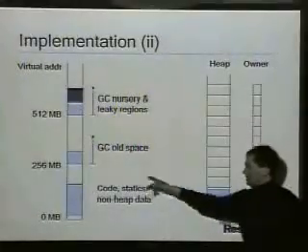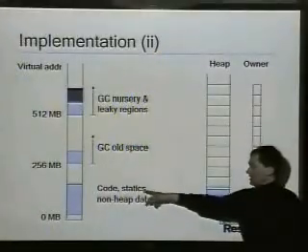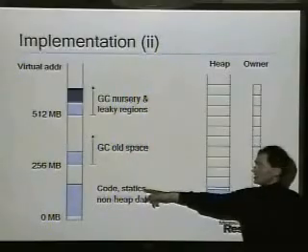A second aspect of the implementation is that I reorganized the virtual address space of the process to allow a cheaper form of comparison to be used in the write barrier. The structure here puts the permanent long-lived data, the code, static fields and so on at the lowest virtual addresses.